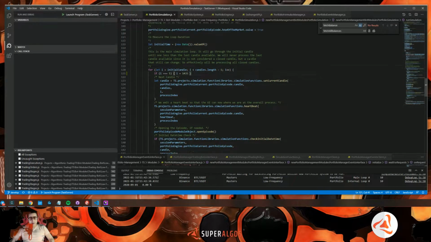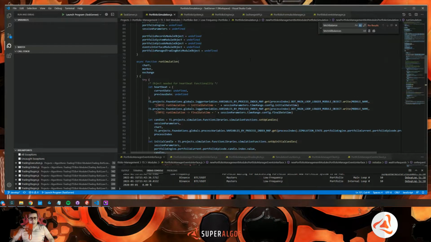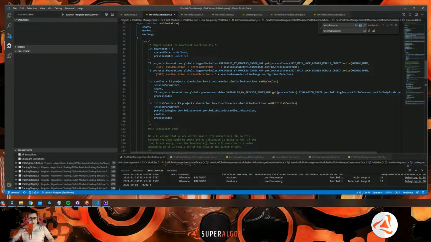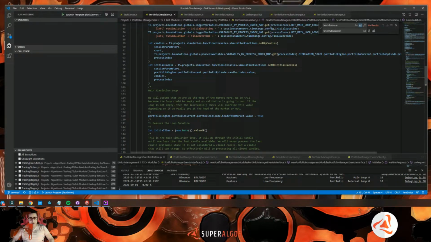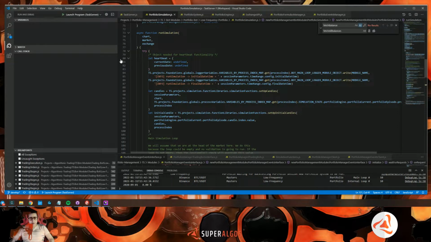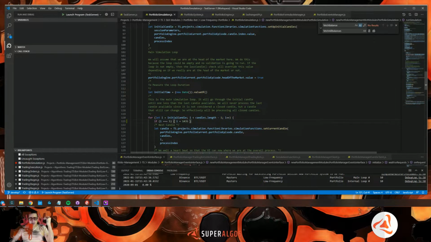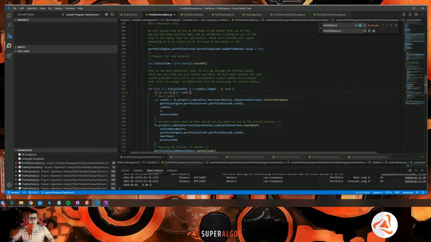And I'm going to put a breakpoint somewhere over here so that at each run of the simulation I can debug it independently. Okay, so let's see how it works.